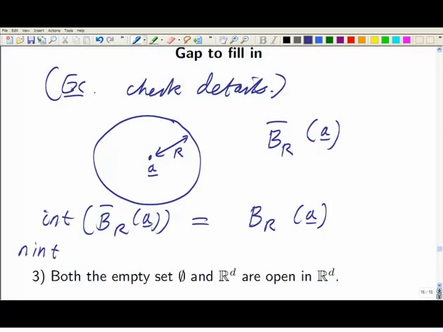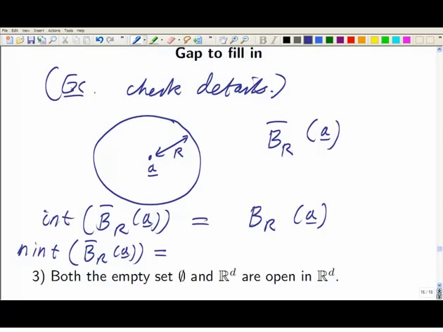Then the interior of the closed ball is the open ball. And the interior, well, what are the non-interior points, at least in this diagram, going to be?